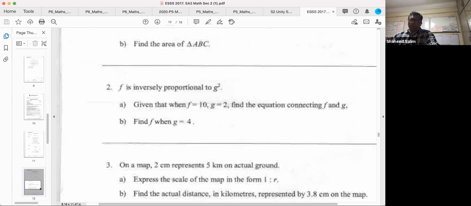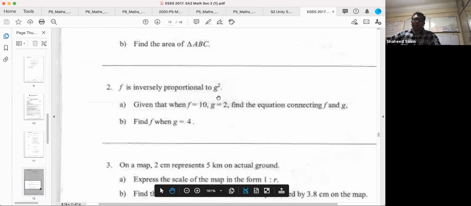How come yours is only g? F is inversely proportional to g square.